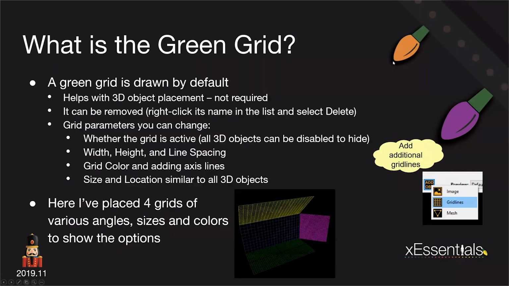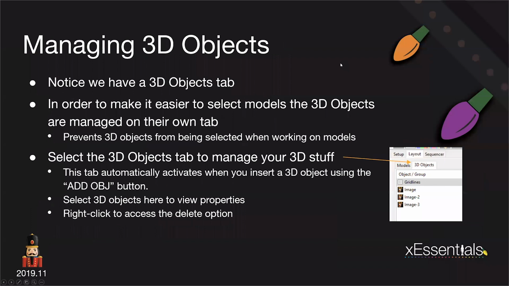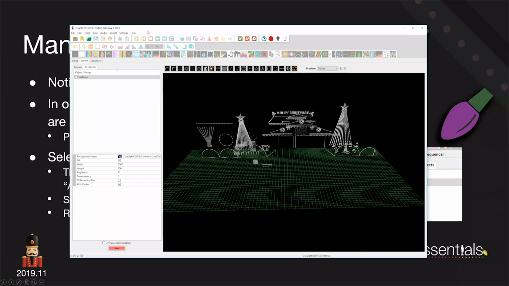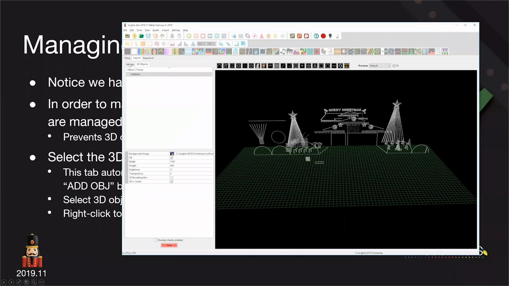So what do I have on my next page? Managing 3D objects. Notice we have a 3D objects tab. All your models that you're used to working with are in the models tab, and then the 3D objects are now organized. I wanted to keep them separate so they weren't mixed together.